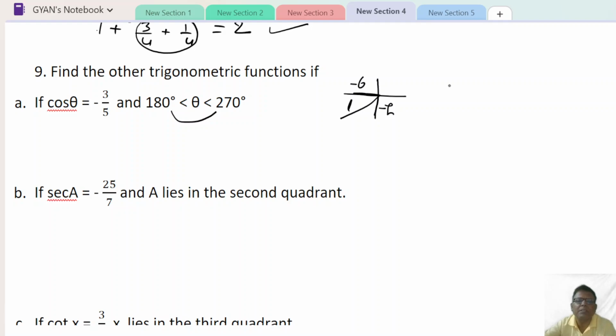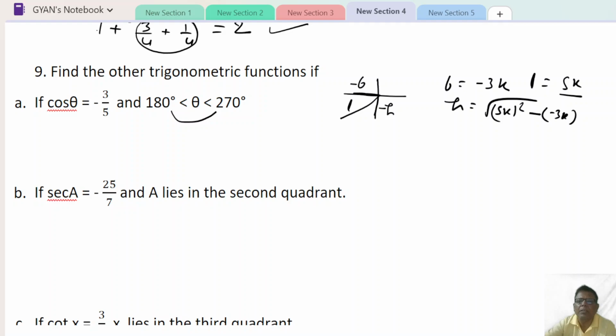So we can say base is equal to minus 3k and height is equal to root over 5k square minus of minus 3k the whole square, because hypotenuse is 5k and it is always positive. So that is equal to 4k.